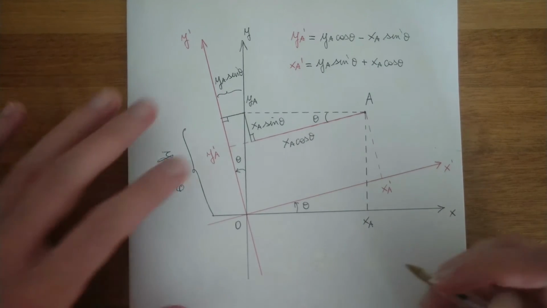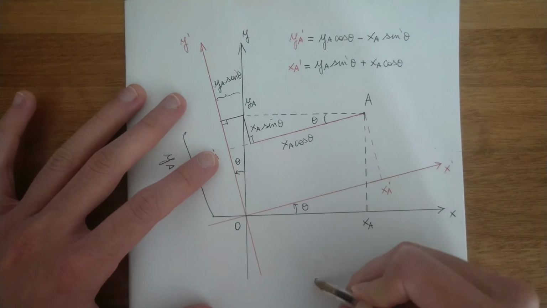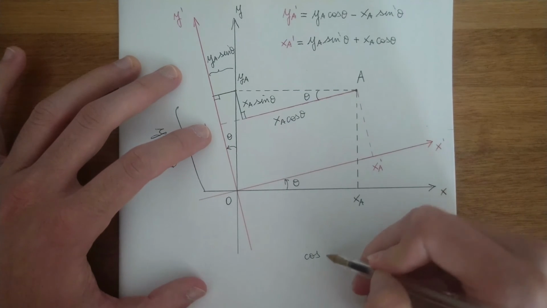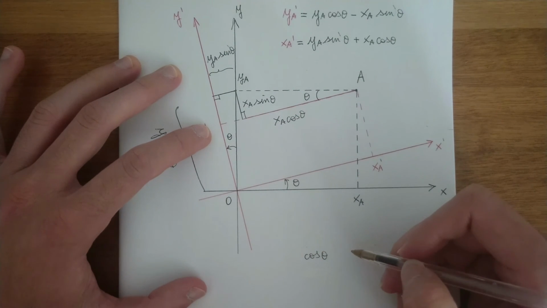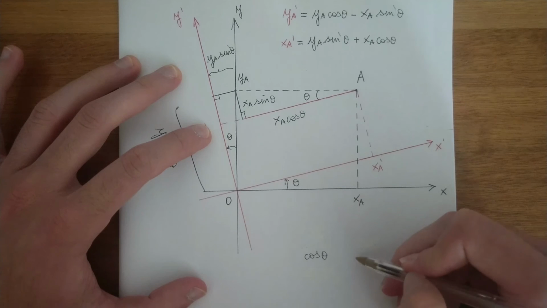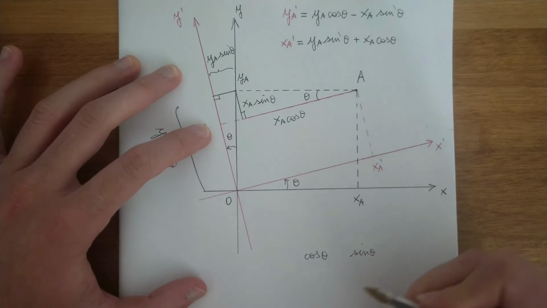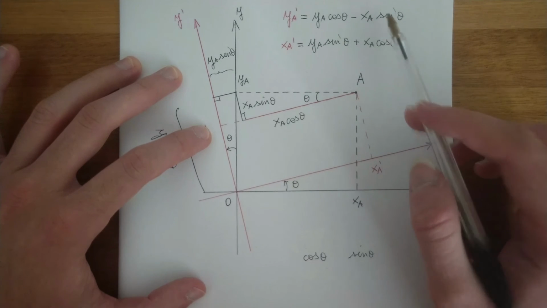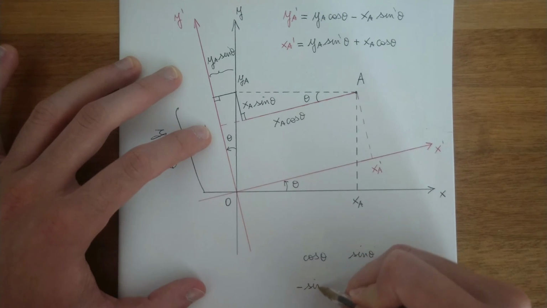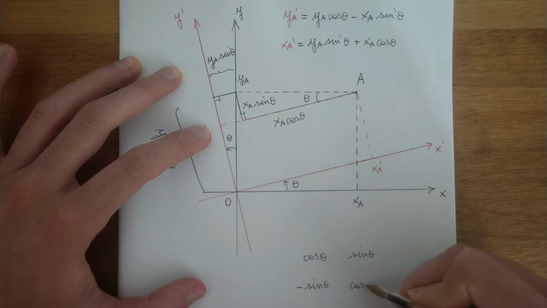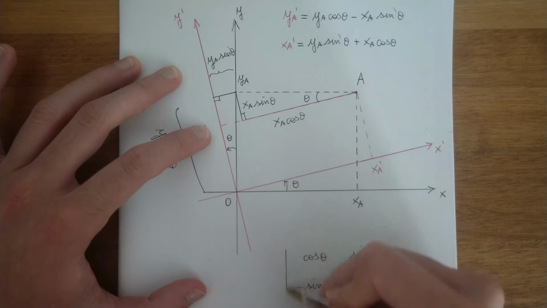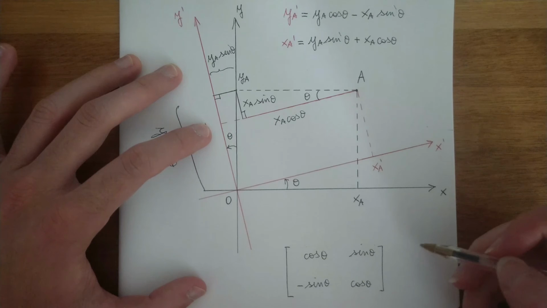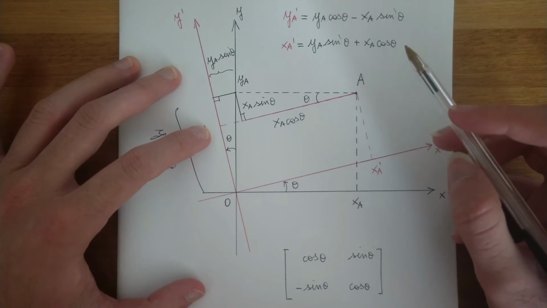My rotation matrix will be cos theta, sin theta, and minus sin theta, cos theta. So this is my rotational matrix. I have to apply R to the vector.